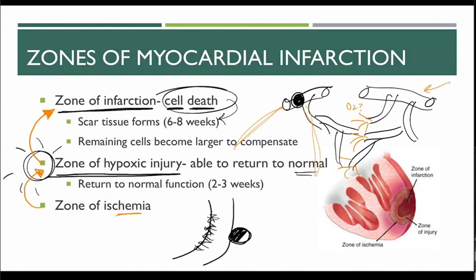But if the time goes by and they're not getting medical care, you'll see further and further cell death. The zone of infarction will grow, and it could actually end up becoming a full thickness infarct. So time is a really important element in the story of acute coronary syndrome.